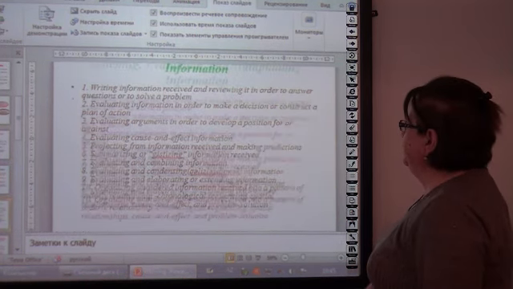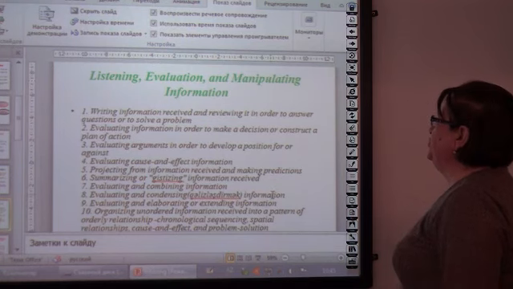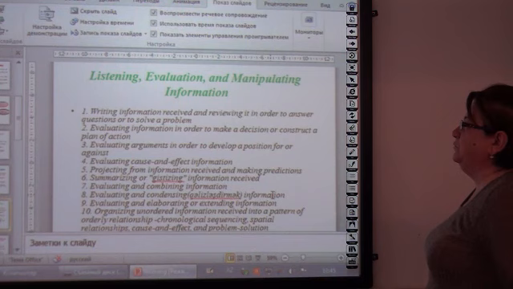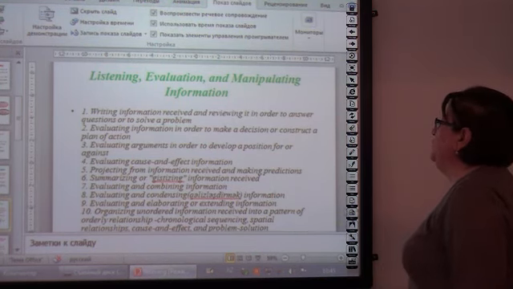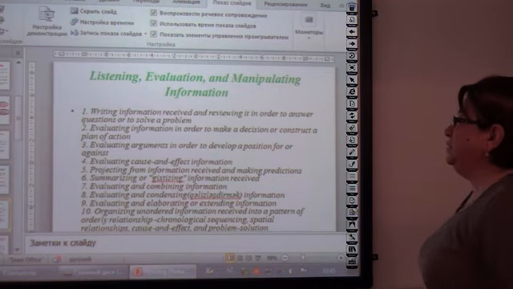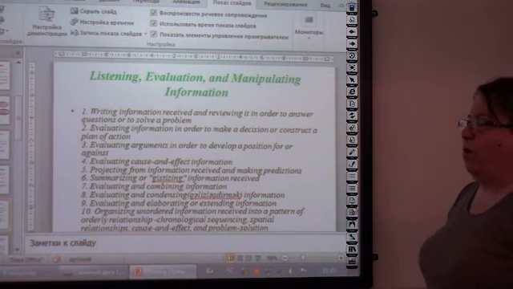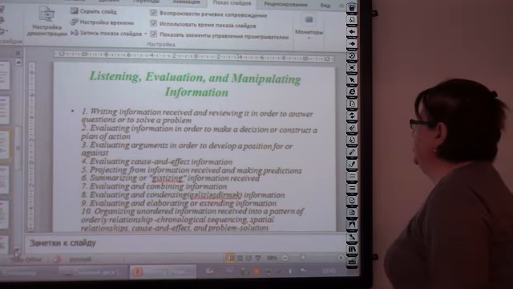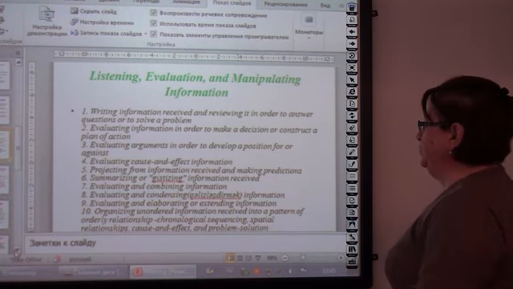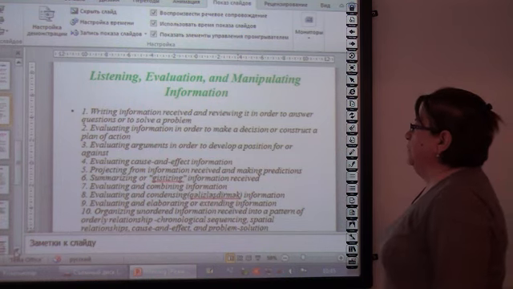Okay. Listening, evaluation, and manipulating information. This is also one main part of listening. Writing information received and reviewing in order to answer questions or solve a problem. Evaluating information in order to make a decision and construct a plan of action. What does it mean?